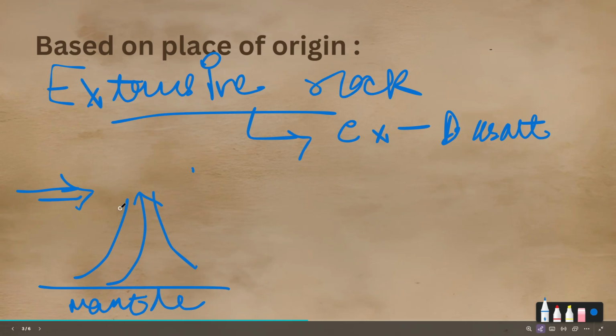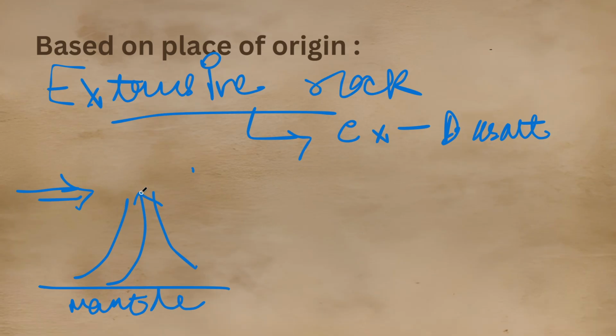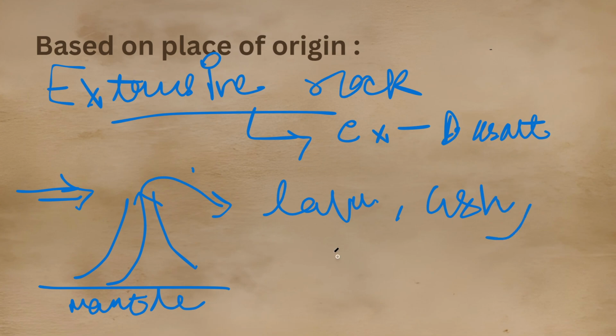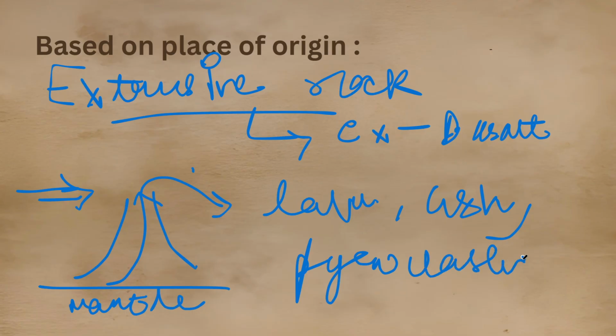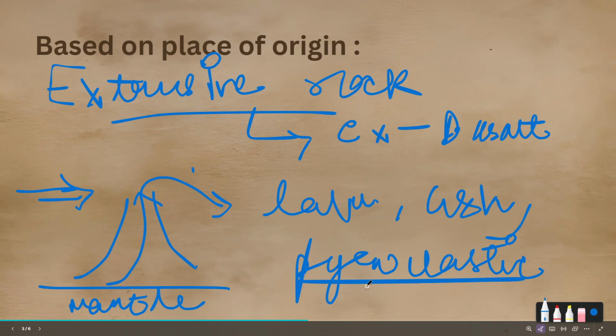Then this magma cools down and makes the lava rocks, ash, and the pyroclastic rock. And tuff is an example of pyroclastic rock.